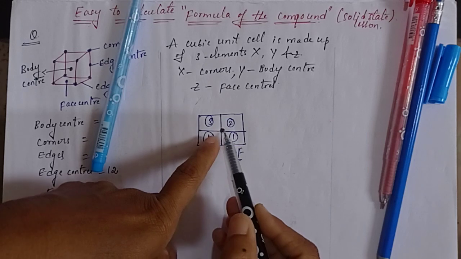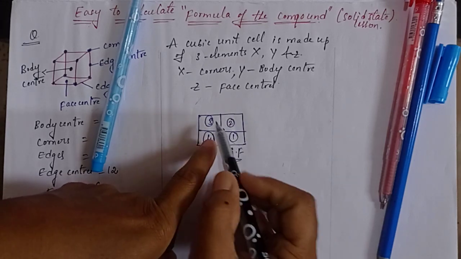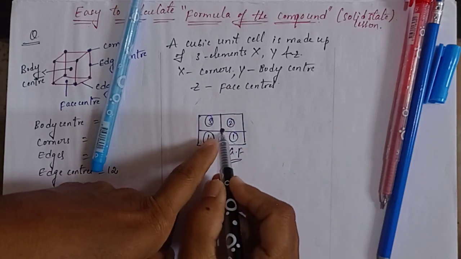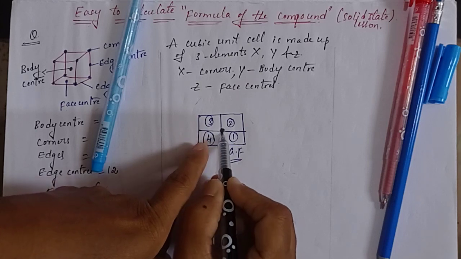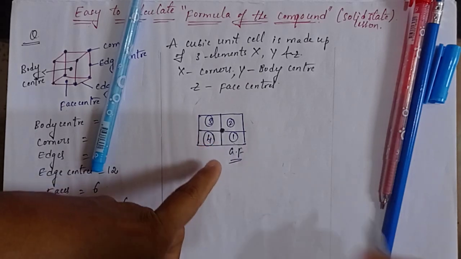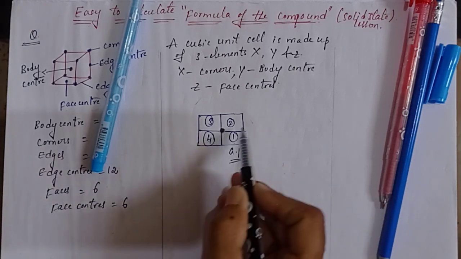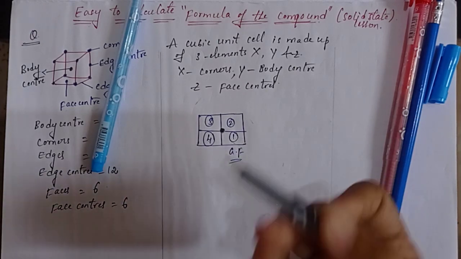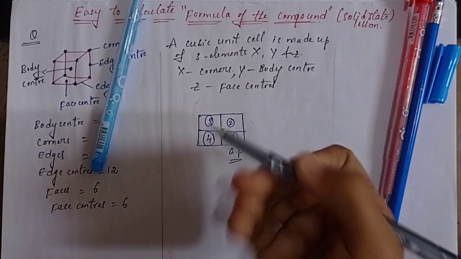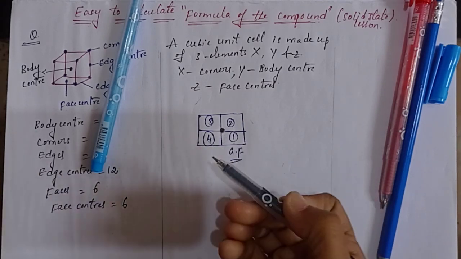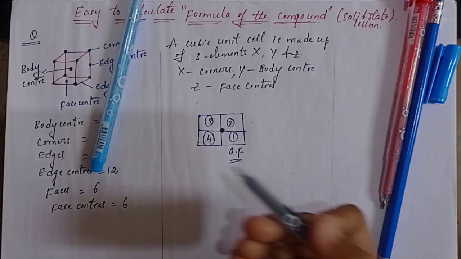So a total of 8 rooms are touching this particle. That means this corner particle is sharing with 8 rooms, that means 8 unit cells. Okay, 8 unit cells. That means each corner contribution is how much, students?